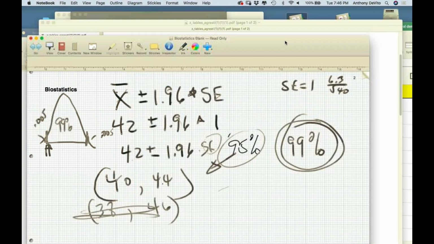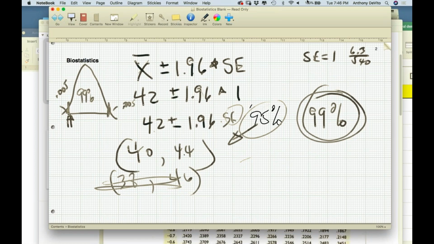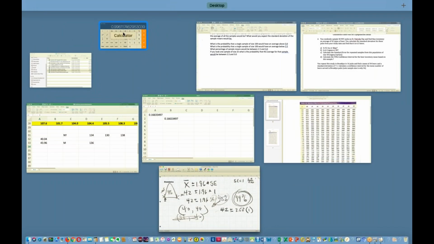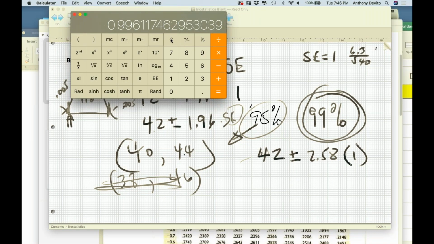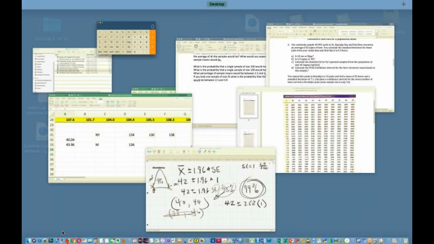That number was 2.58, I'm sorry. So now I'm going to say 42 plus or minus 2.58 times my standard error, which was equal to 1. So what's that going to be? I think I used Excel for that.